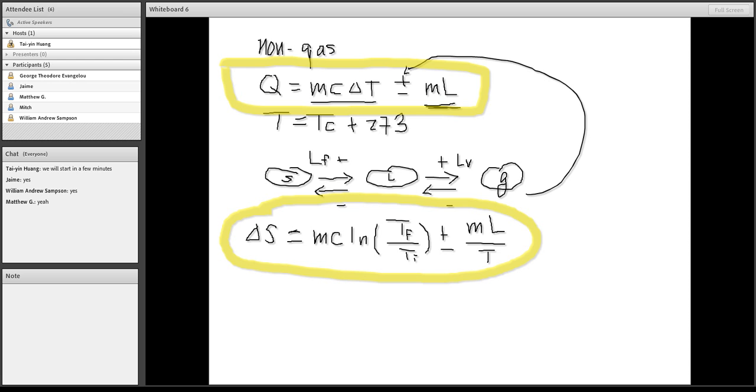So these are basically the important things from chapter 18. We also mentioned in chapter 18 that when there's a thermal expansion, you need to know how to calculate the change in size or dimensions of the object due to the change of temperature.